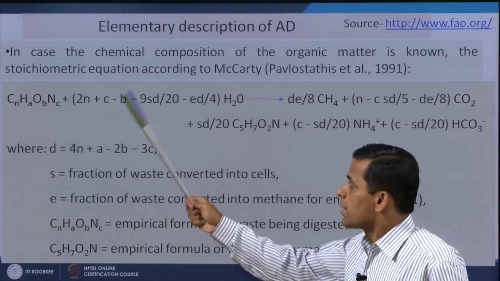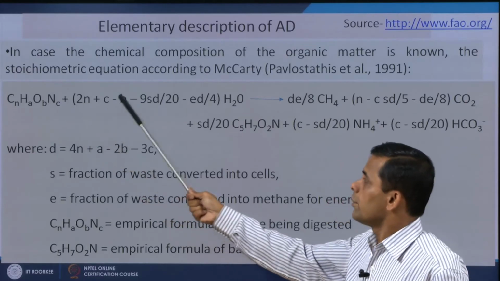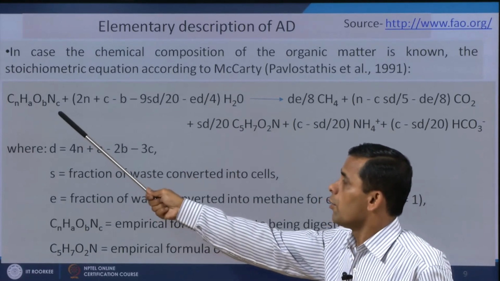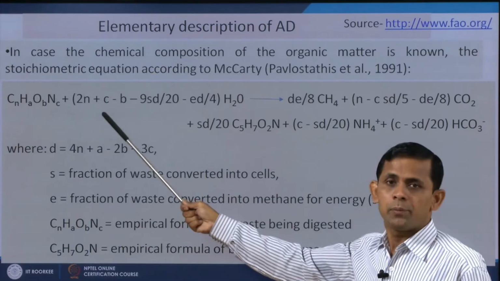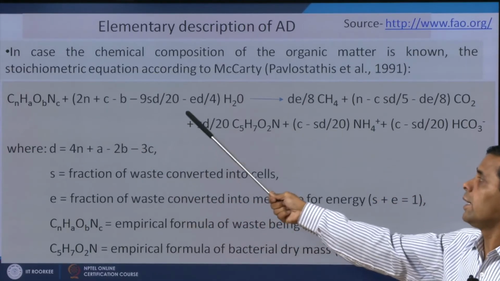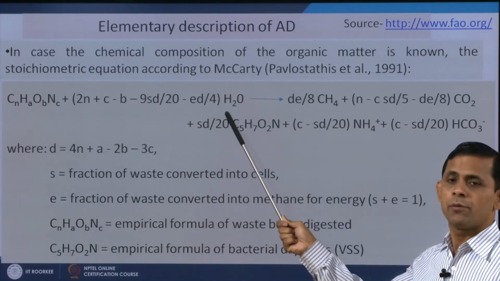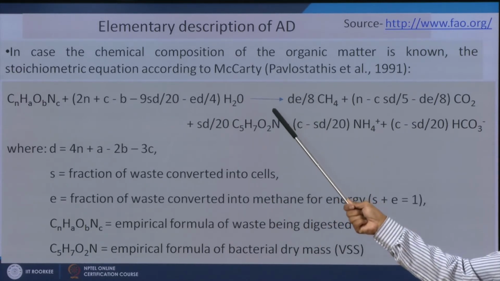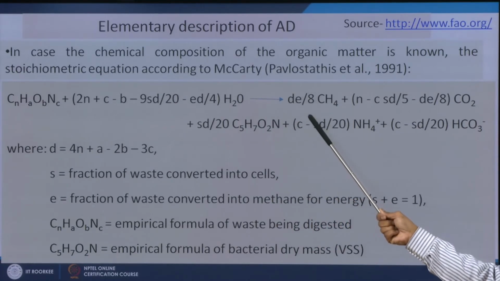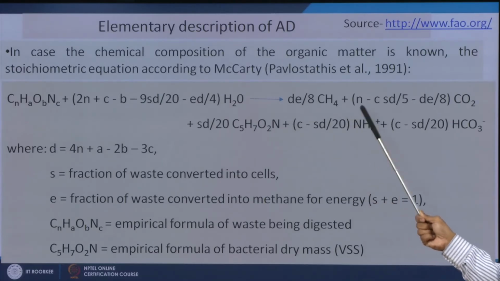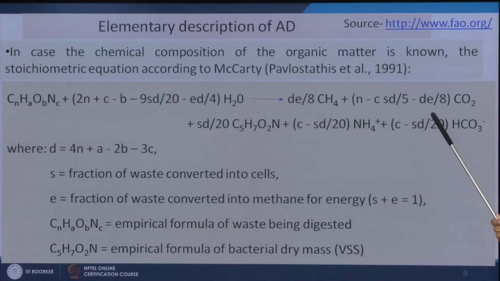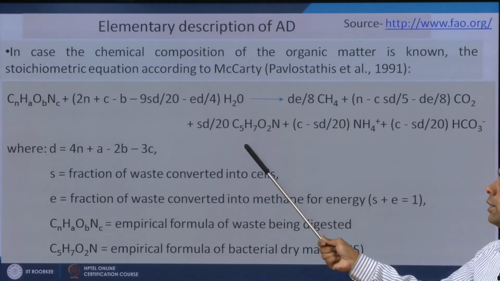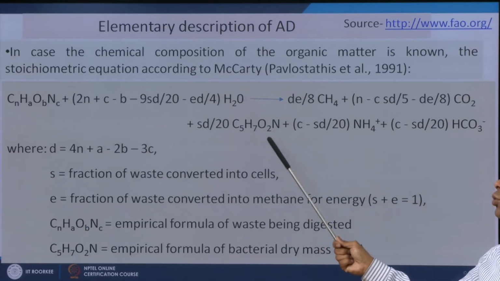People tried and showed this relationship: CnHaObNc plus (2n plus c minus b minus 9 s d by 20 minus e d by 4) H2O, in the presence of microorganisms, gives e d by 8 CH4 plus (n minus c s d by 5 minus e d by 8) CO2 plus s d by 20 C5H7O2N.